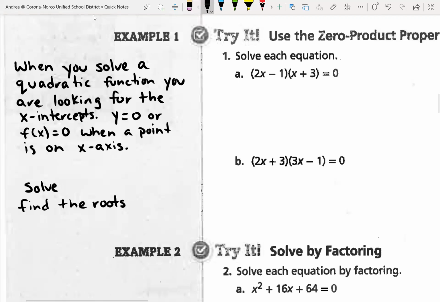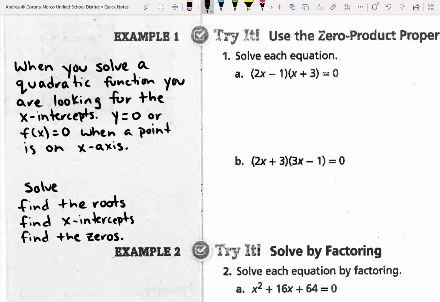They could ask you to find the x-intercepts. They could ask you to find the zeros. Okay, those all mean the same thing.